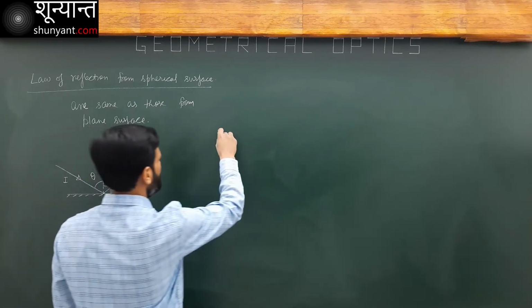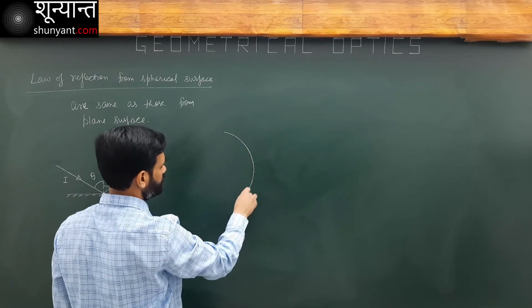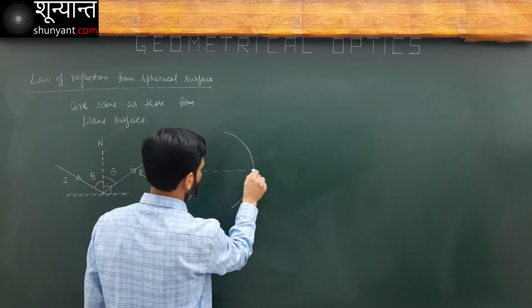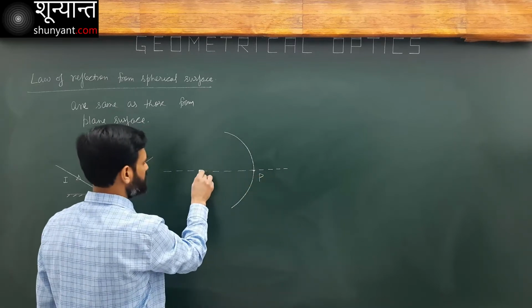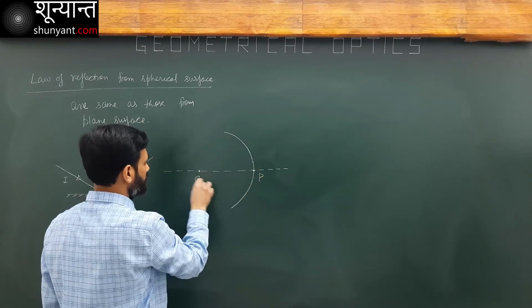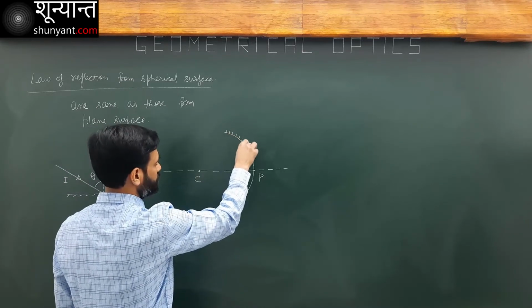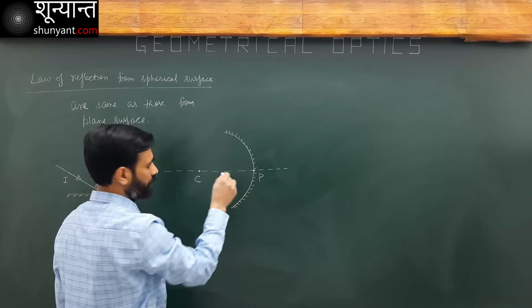If I have a spherical mirror, let's say this is my spherical mirror, this is my pole, this is my center. This is a concave mirror.